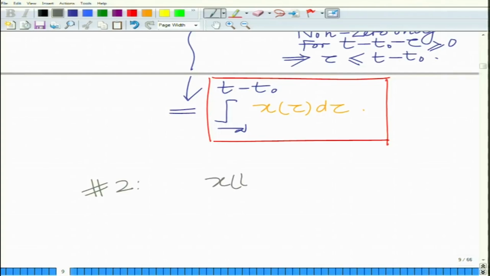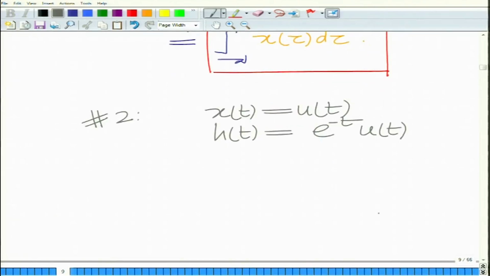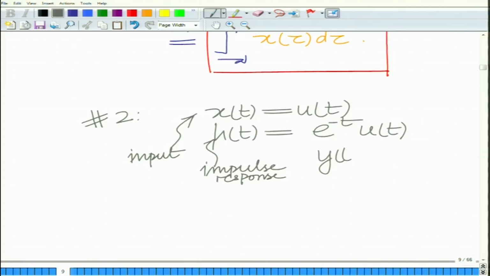Let us say we are given an input signal x(t) equals u(t), the unit step function, and a system with impulse response h(t) equals e raised to minus t u(t).